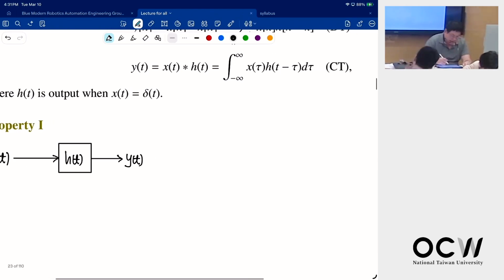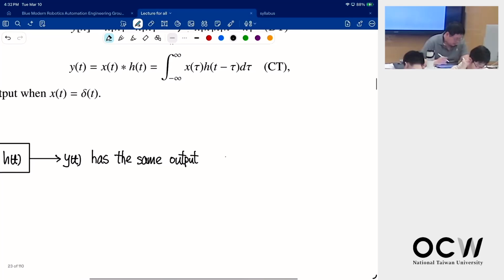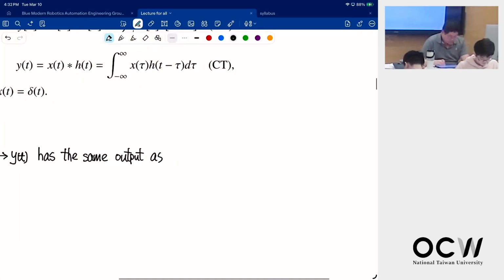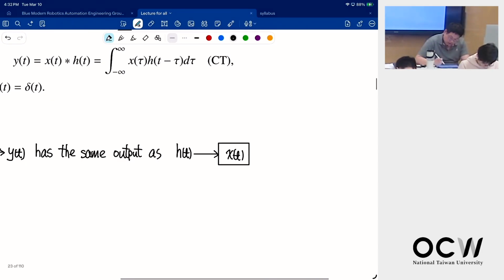In this case, we have the same output as we switch the x and h. So we can have h as our input, and then I send it to the system x. I will also get the output y.